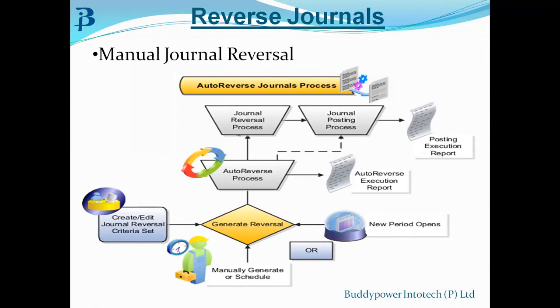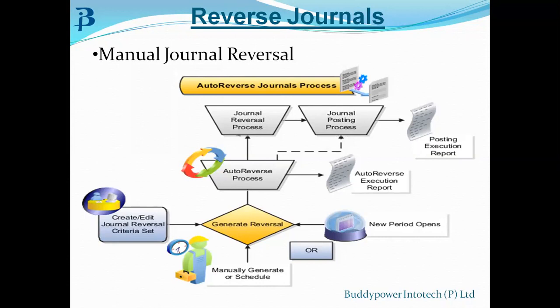Say the organization routinely generates and posts a large number of journal reversals as part of the month-end closing and opening procedures. By using the automatic reversal functionality, it saves time and reduces entry errors for the organization. There is a new ledger option called launch auto reverse, which can be seen in the instance. Once we show you how the reversal is done, you'll be able to see that launch auto reverse.